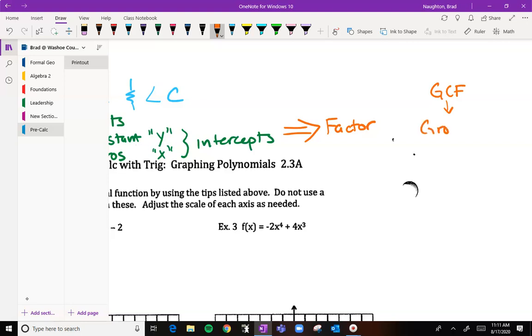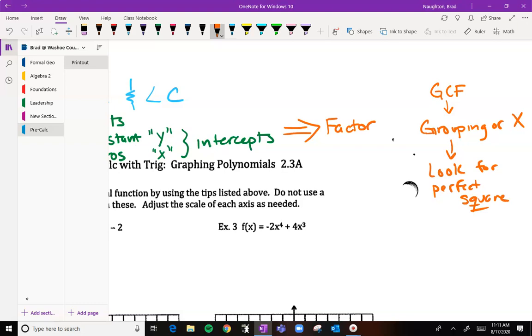Then I want you to do grouping, or we can go ahead and do an X. The X method we kind of went over in our review questions. And then last but not least, you're going to look out for perfect squares. Those are my tips and tricks to help us out.